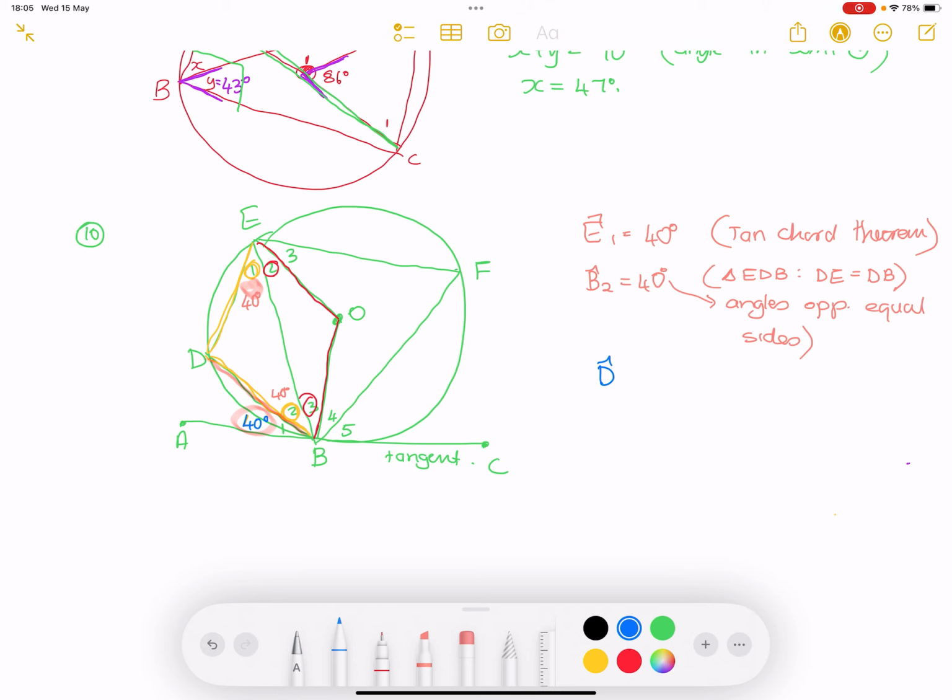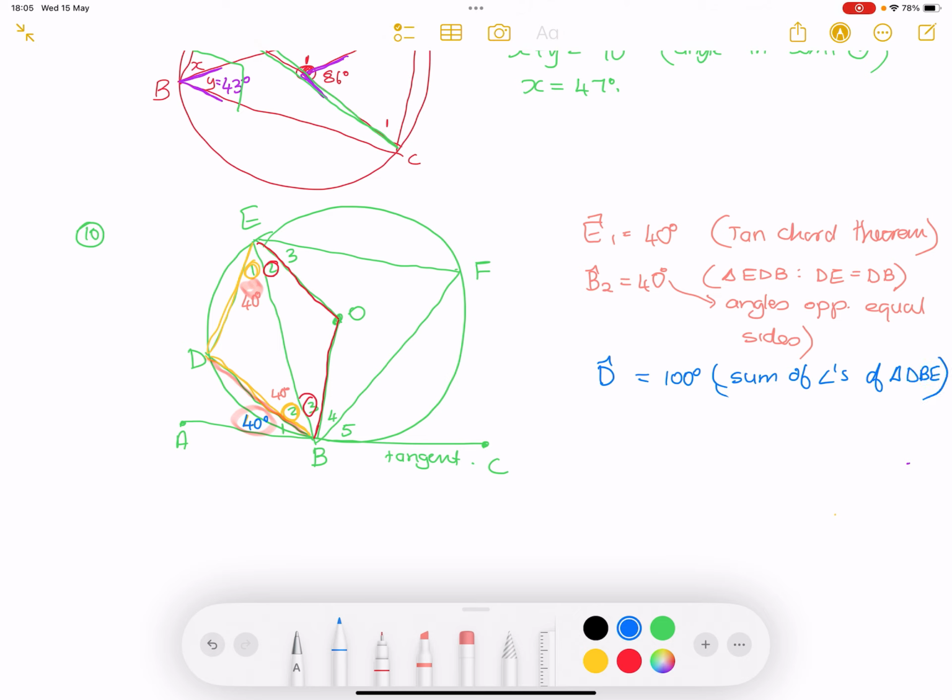So angle D is equal to 100 degrees because you can write the sum of angles of triangle DBE.